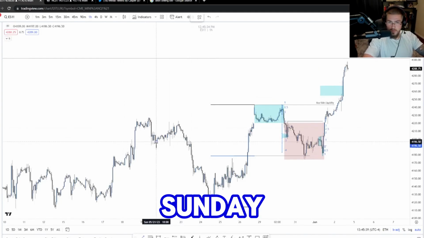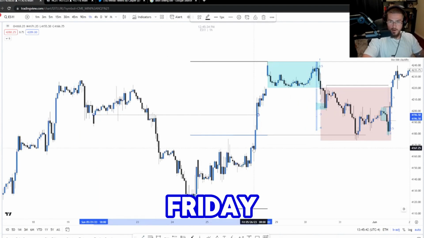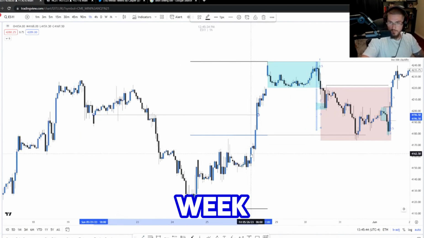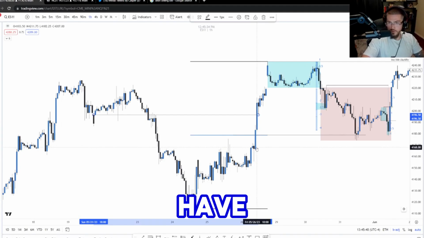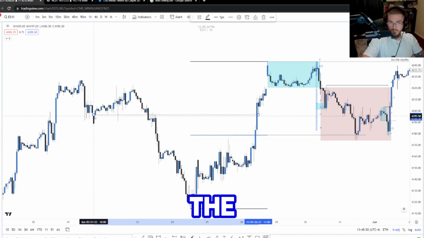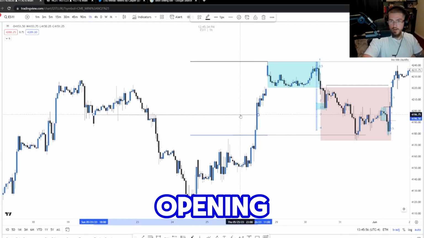So Sunday. So let's say on this Friday right here, I was bullish on this week. In order to have a bullish weekly candle, you're going to have to go back above the open, right? So on this morning, you could literally just buy strikes at the opening price.